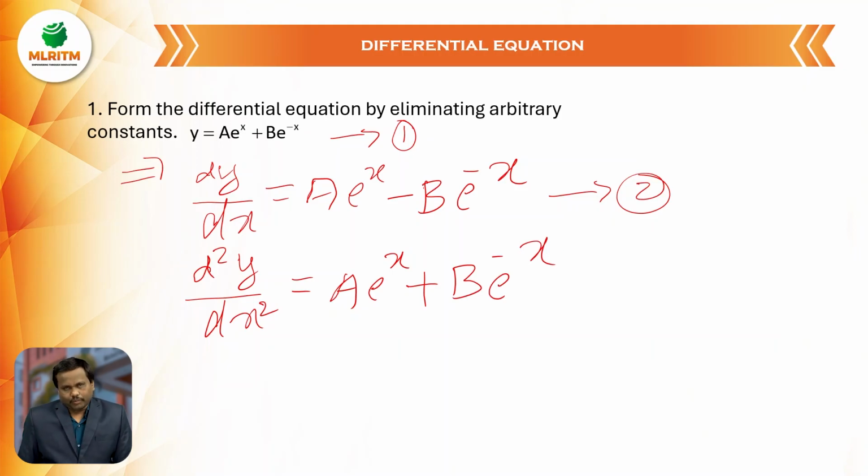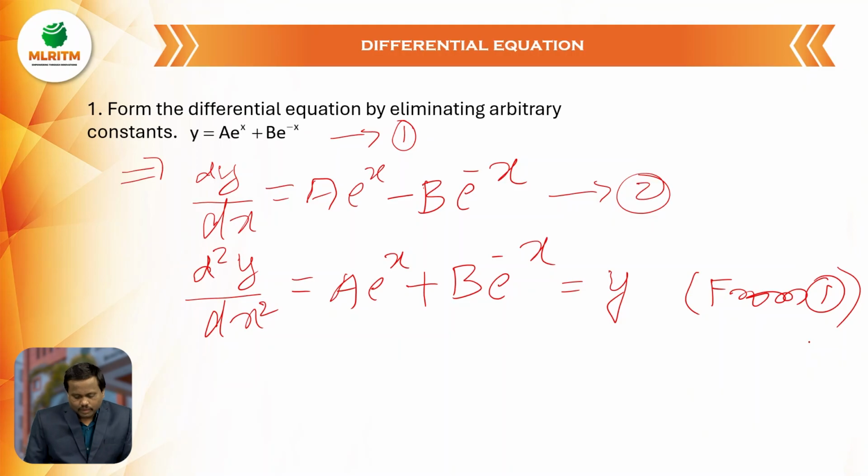By observing equation number 1, the RHS part is nothing but the given equation, that is equal to y. So from equation number 1, d square y by dx square is equal to y.